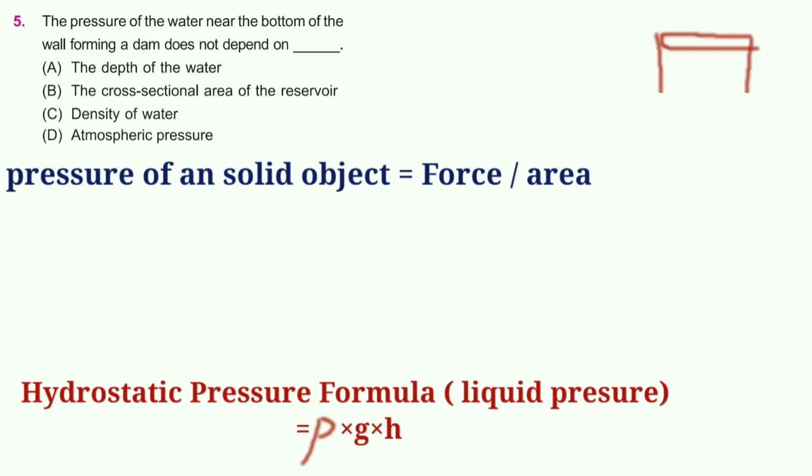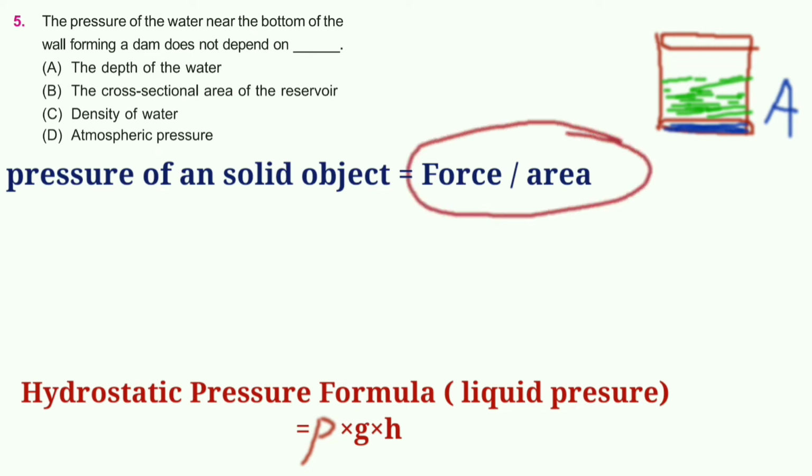Let us take a cylindrical container. Its base is circular. Area of the circle is A. If the container is filled with water, then the area is this circle. It means pressure of the liquid will be exerted on this circular surface, which is the base of the container. Now, pressure equals force divided by area.